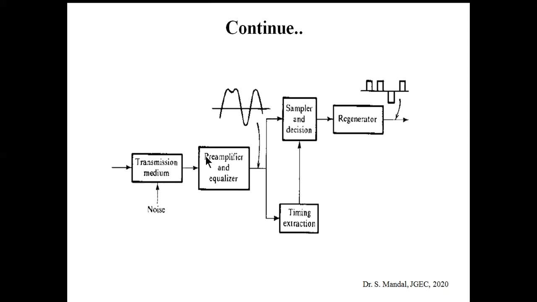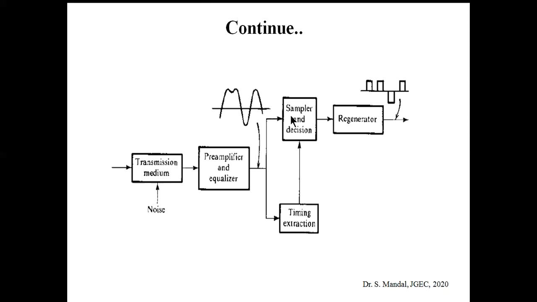The first part of the regenerative repeater is the preamplifier and equalizer. Here you can see that after this, the signal has been amplified and the distorted portion has been removed by means of the equalizer. Then the output signal goes to the timing extraction portion, where the timing information or clock signal is extracted.